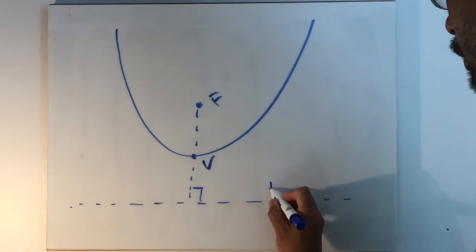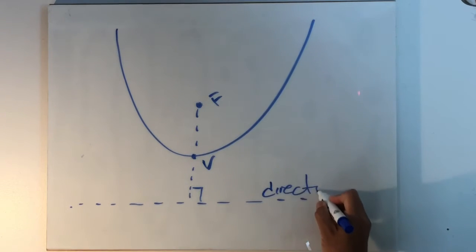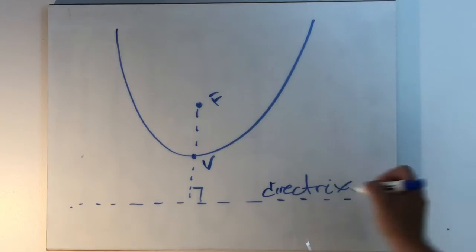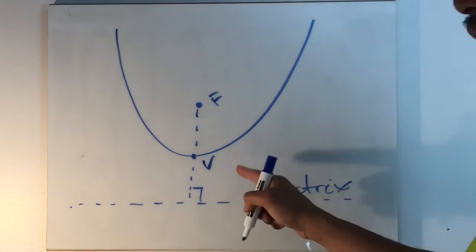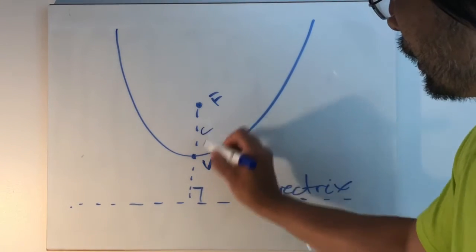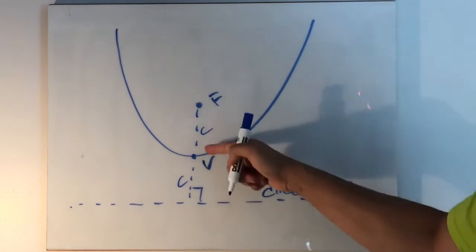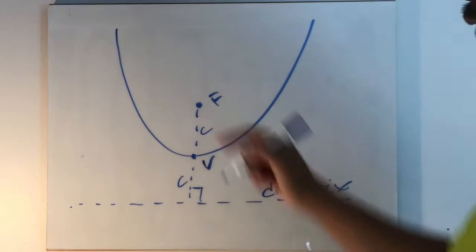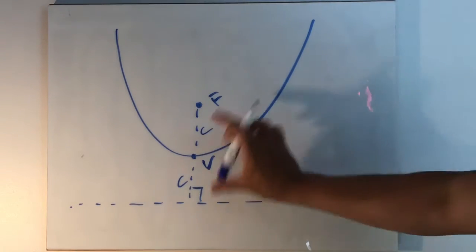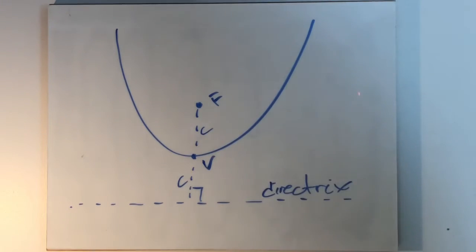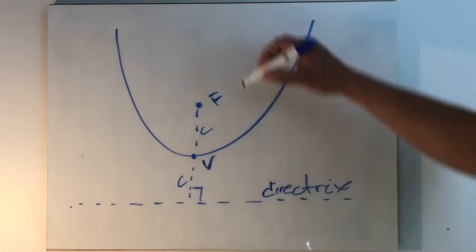This line is called the directrix, and its distance from the vertex is the same as the distance from the vertex to the focal point. Okay, that is key. These two are equidistant.